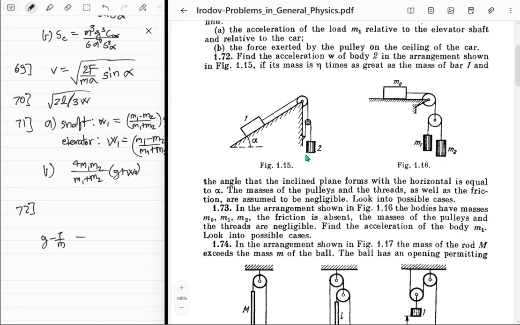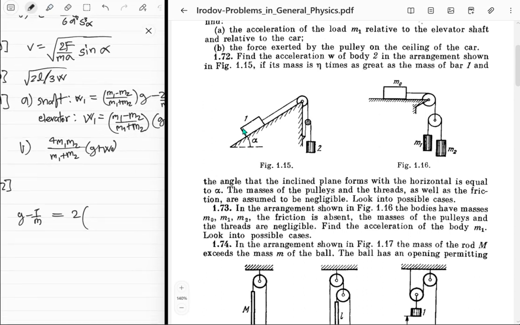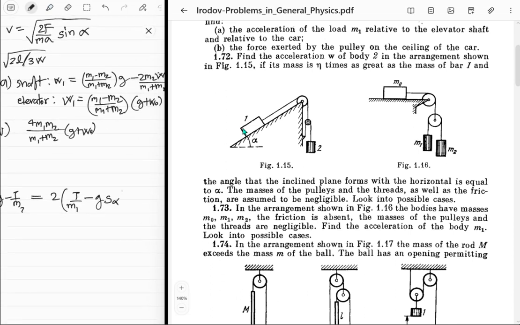So this acceleration is 2 times the acceleration of the first guy, which is just T upon M2, M1 minus, minus what? Minus G sine alpha. So that's why I said look into possibilities, because sine alpha changes and there's no friction. So I mean, there's no such casework exactly.